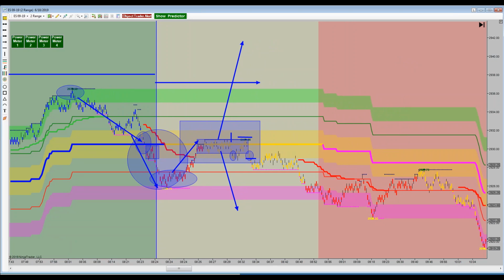Now, let me go back and reconstruct what happened very quickly, and then we get on to crude. I think there were a few of you that typed in the letter S, signifying you would take a short trade when the wick of this bar occurred right here. I'm not going to put a box around it. That's not right. I'm going to put a circle, an oval around it.